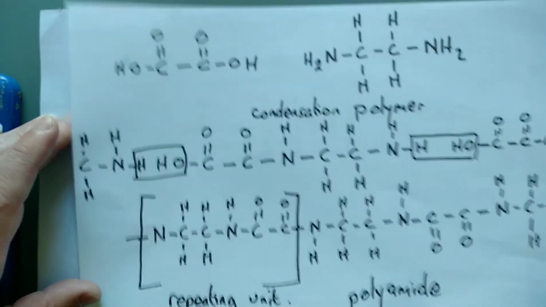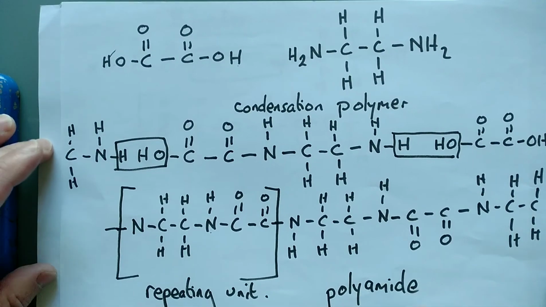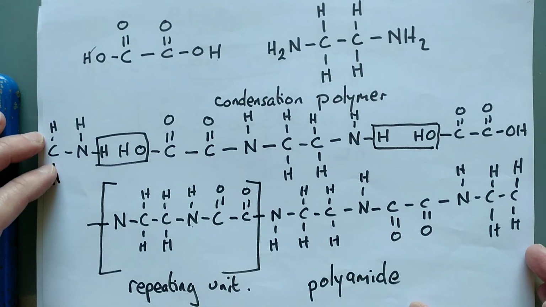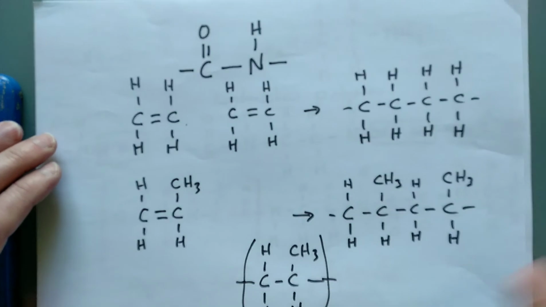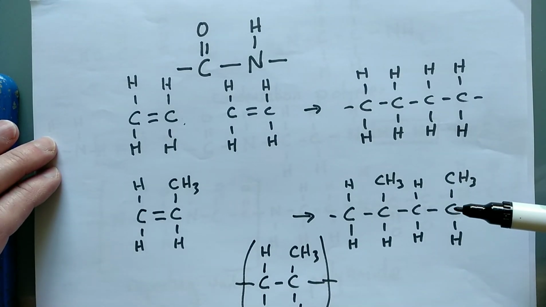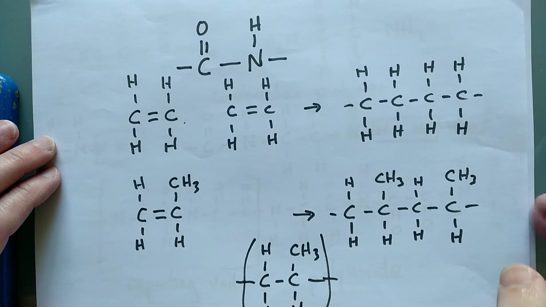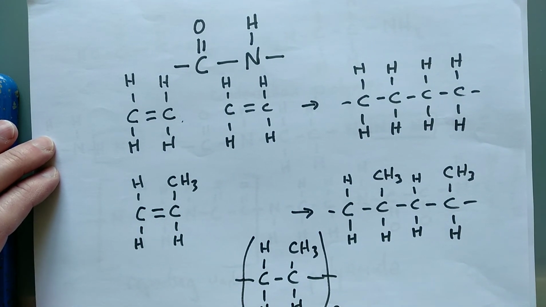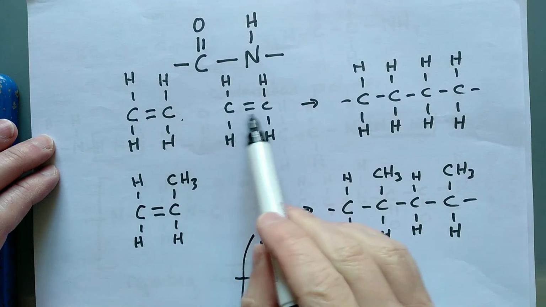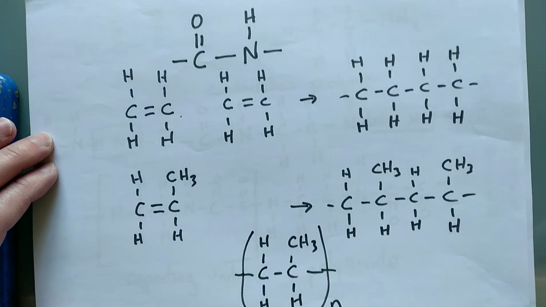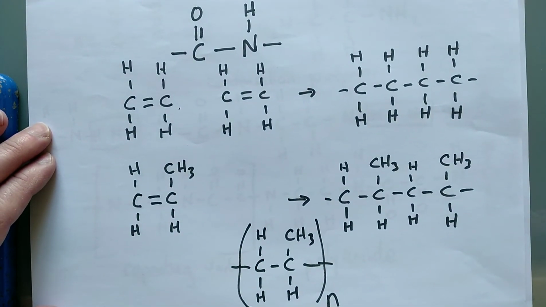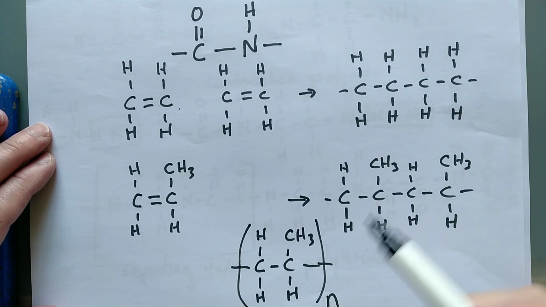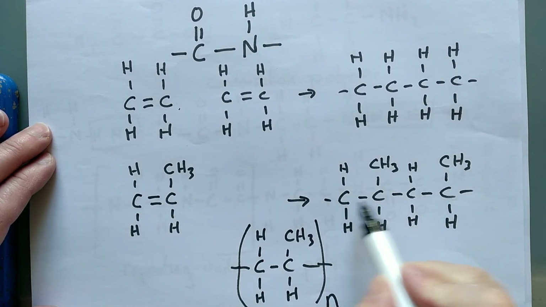Now, one of the things that you can be asked is what are the advantages of polyesters and polyamides as compared to polythenes, polyethylene, that sort of thing. So when you polymerize something with a double bond in it, an addition polymer, because you're just adding them together, the only bonds you're forming are carbon to carbon.